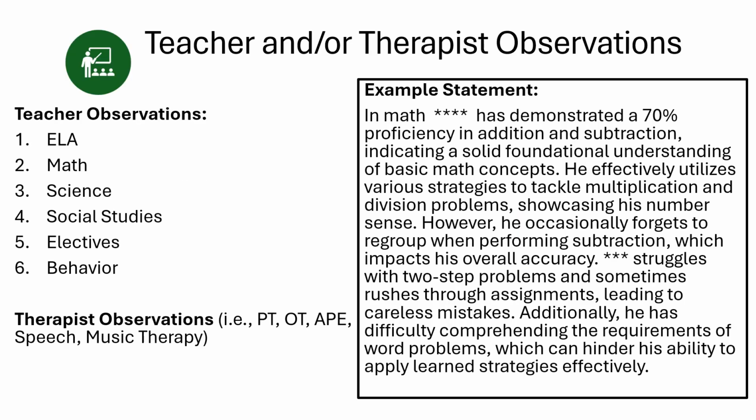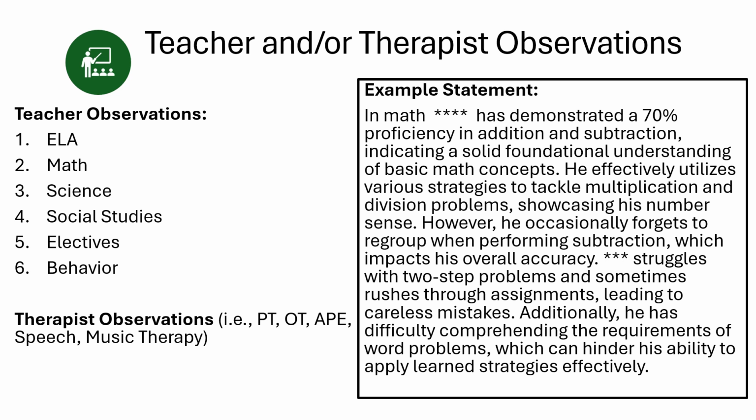Teacher and/or therapist observations will also be a source of data in the PLAAFP. These observations can include anecdotal observations: how they see the child performing, what strengths they might see, what areas of challenge they might see.